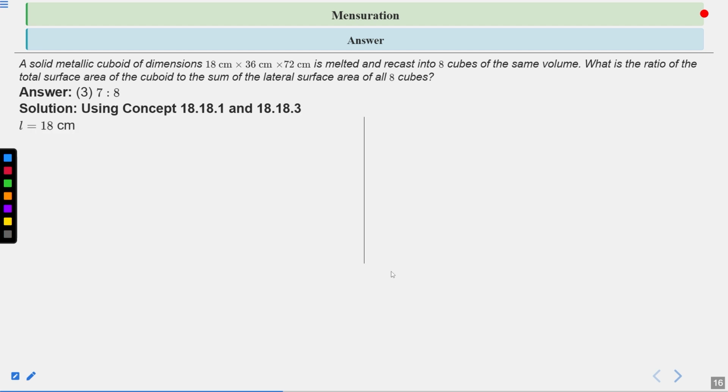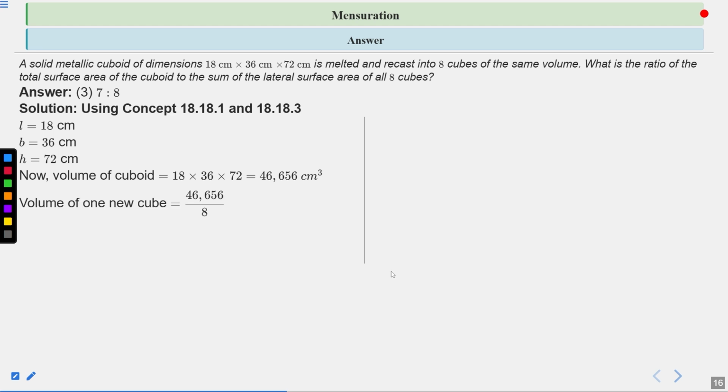Let L equal 18 centimeters, B equals 36 centimeters, and H equals 72 centimeters. So the volume of the cuboid will become 18 into 36 into 72, which equals 46,656 cubic centimeters. Now the volume of one new cube is found by dividing by 8.